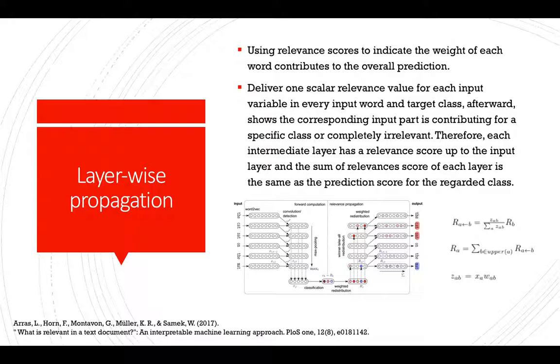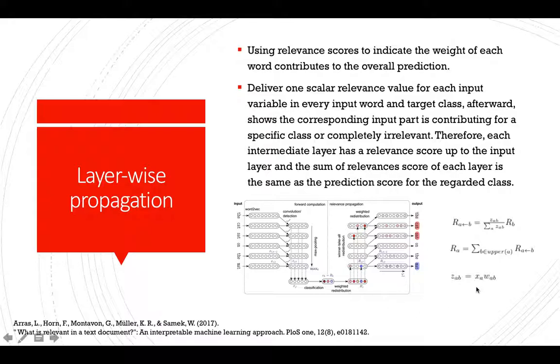Layer-wise propagation uses a relevance score to indicate the weight of each word's contribution to the overall prediction. For each input variable, in our case each input word, and the target class, it propagates the relevance score from the output up to the input layer, and the sum of the relevance scores of each layer is the same as the prediction score for the regarded class.